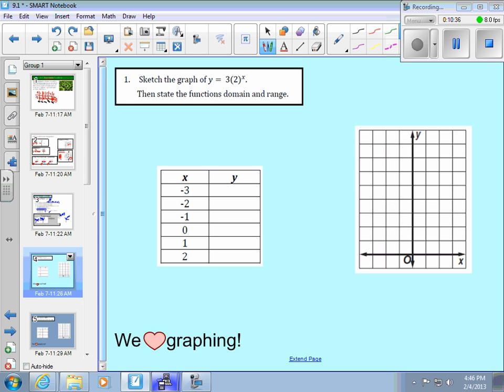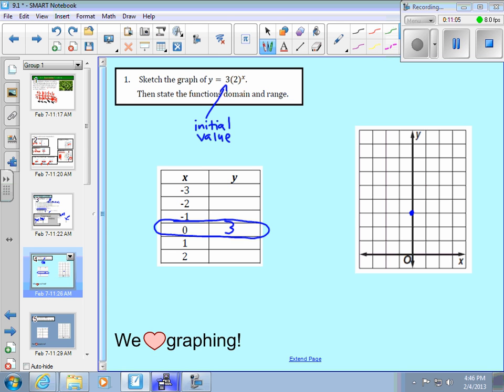One thing we know right off the bat is our initial value is 3. Since that's our initial value, we just got done talking about whatever that number is, that's where it crosses the y-axis. So we know right here where we have 0, our y value is going to be 3. So over here on our graph, we know this is a point, (0, 3). That's where our graph's going to cross.